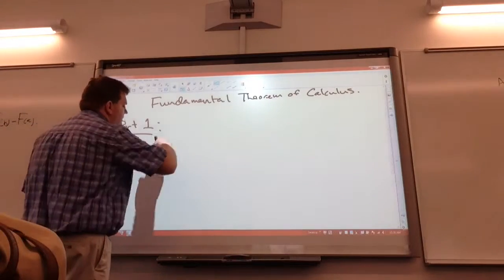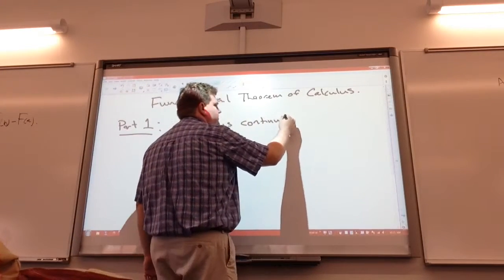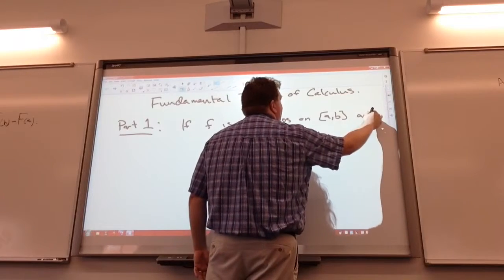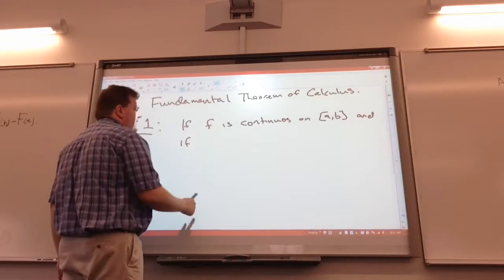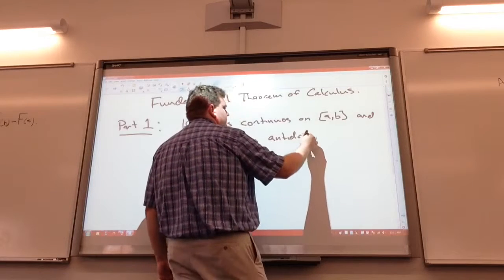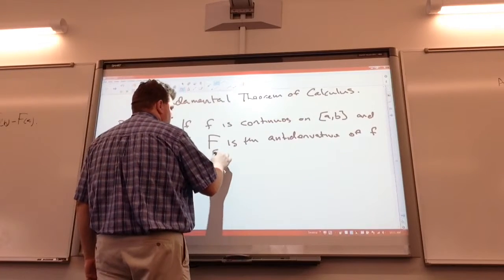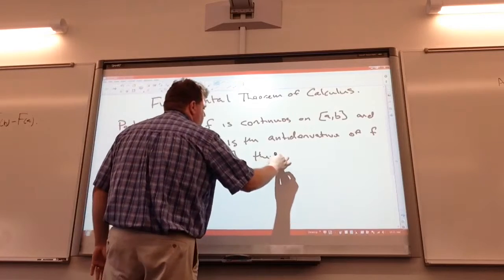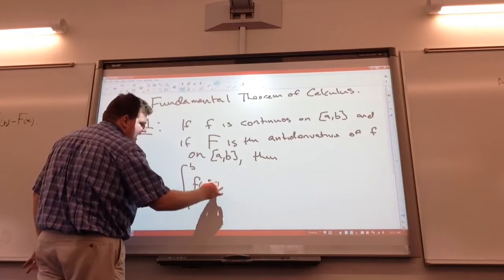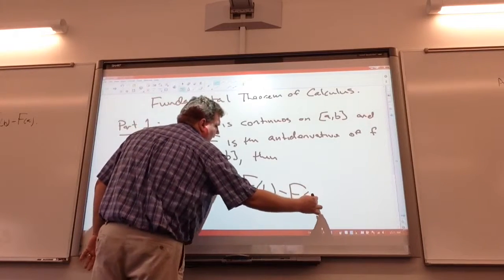So it's fairly straightforward. Basically, the preamble to it is: if f is continuous on the interval from a to b, and if big F is the antiderivative of f on a to b, then the integral from a to b of f of x dx is equal to big F of b minus big F of a.